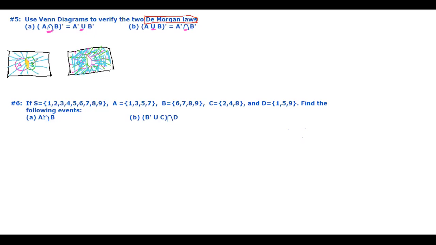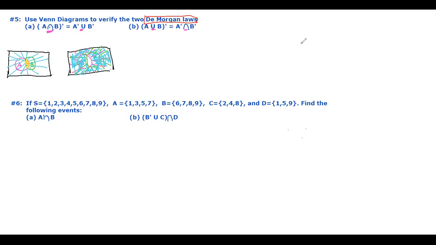It's the same blue area as we did on the left side. That's how we prove De Morgan's law by using the Venn diagram. The light blue is everything except this little part here, and the same way here, the light blue is everything except that little part.